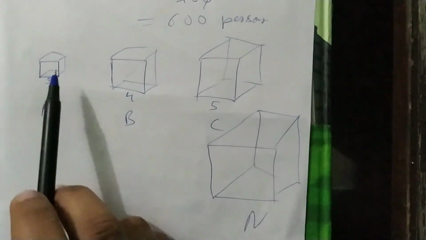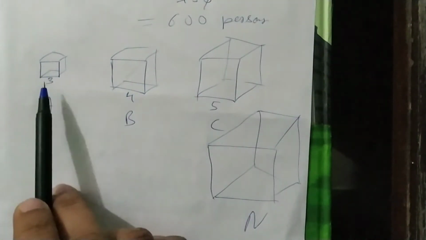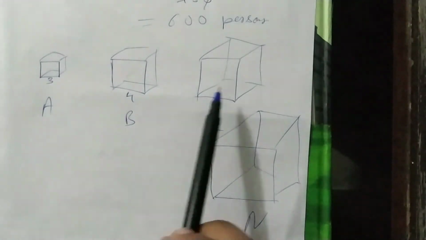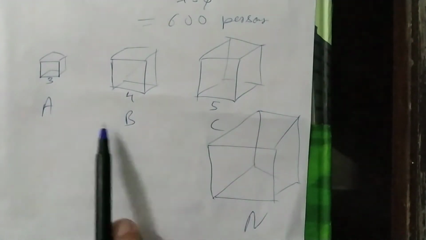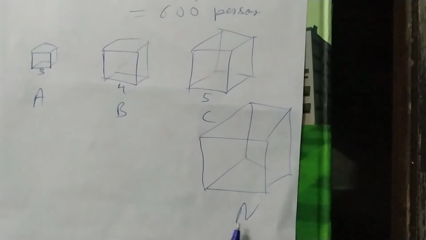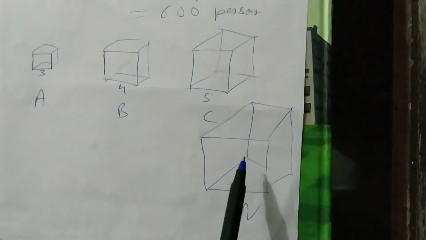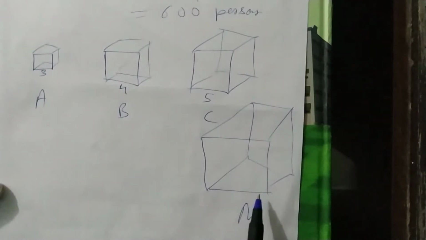Let us suppose these are cubes A, B and C. Their edges are 3 cm, 4 cm and 5 cm. And we have formed a new cube by melting these cubes and reconstructing it. Now we have to find the edge of this cube.